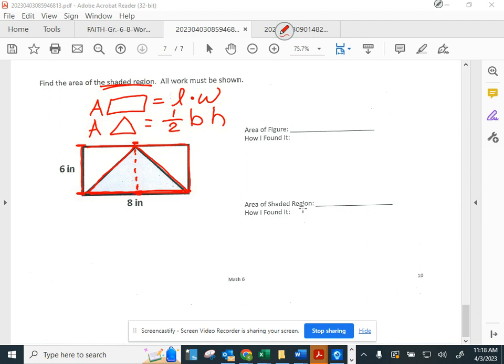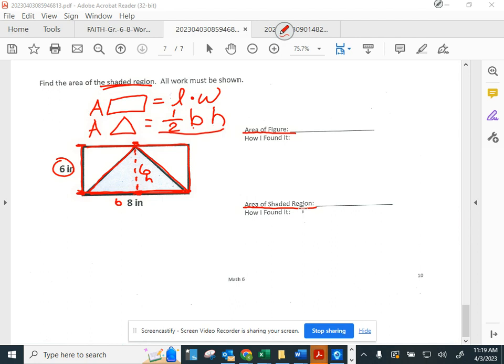From here to here is the same as from here to here. So what is our height? 6. So if this is our base and this is our height, you put that into our equation and then you take half of it. So you need to find the area of the whole figure and the area of the shaded region.